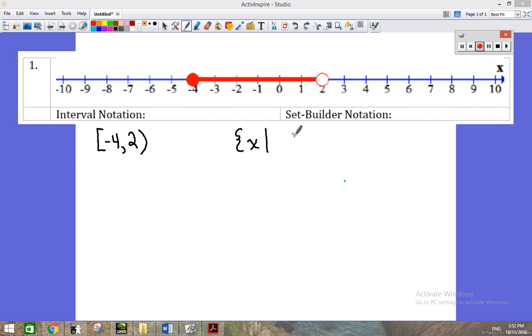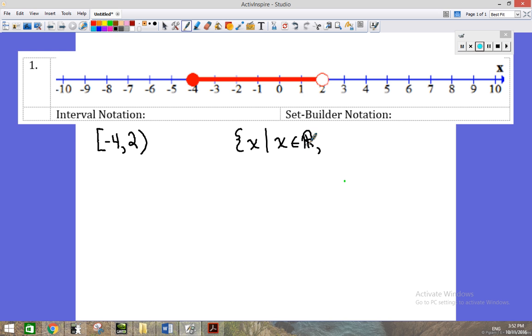I was in the process of describing this set of numbers using set builder notation. The braces here, this is read, the set of all x, such that x is an element of the real numbers. Now for us, when they say set builder notation, just memorize this first part.